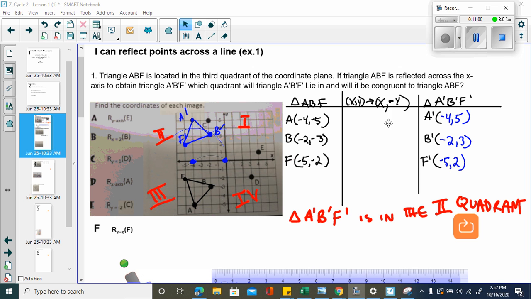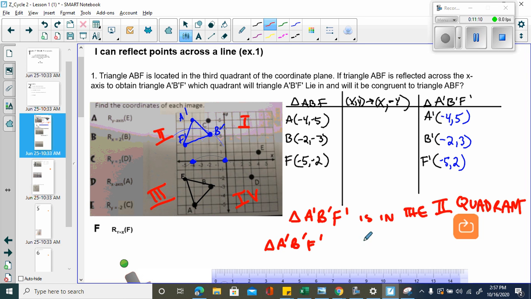So triangle A prime, B prime, F prime is going to be congruent with the original, the pre-image triangle A, B, F.